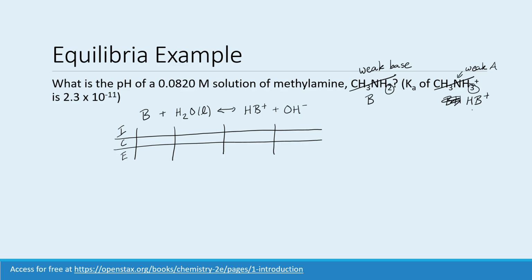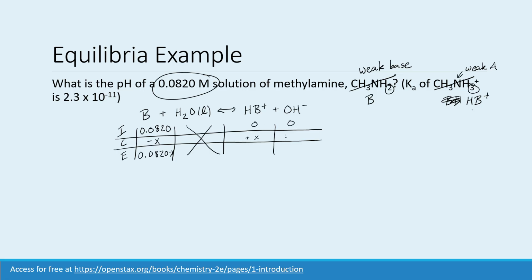And at a certain point, you may get to where you don't need to use the ice table. You're going to be able to figure out what those equilibrium concentrations are. But they're given the initial concentration of that weak base, so that's the 0.0820, and then minus x, and so equilibrium is 0.0820 minus x.